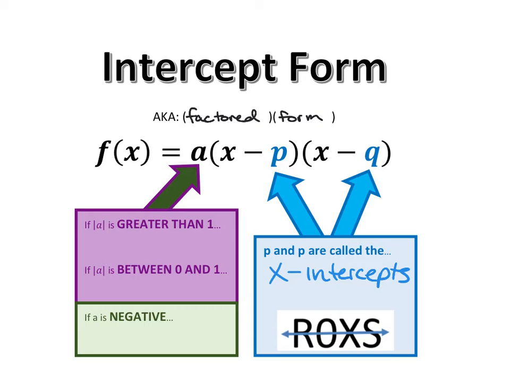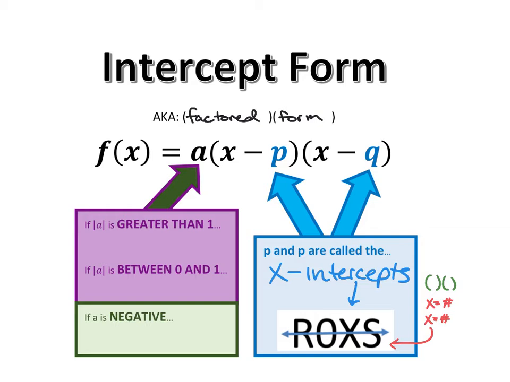Now what's cool is since we know that these are the x-intercepts, we also know that they're the roots, the zeros, and the solutions, which sounds very familiar because when we wrote factored form equations, we always had our solutions right afterwards, where x is some number and x is some number. That's what we found when we solved by factoring, and in fact, we can use intercept form to graph and find these intercepts, which is still just the solutions.